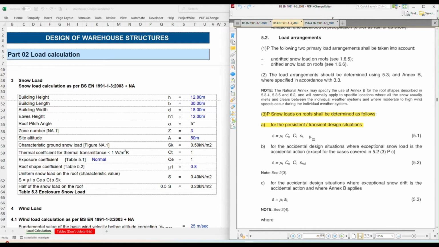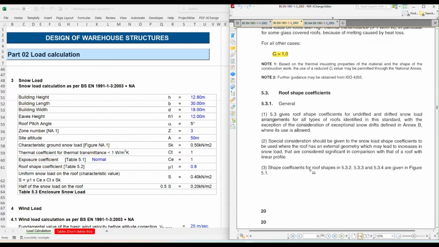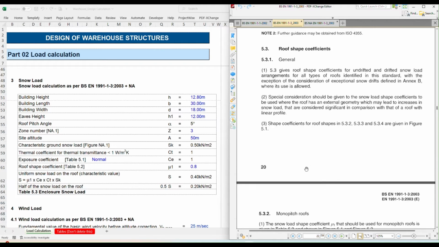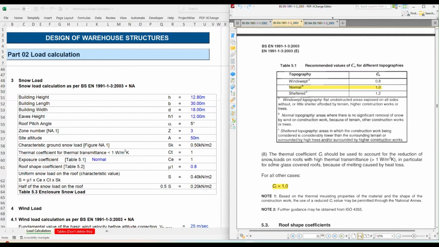So we are going to apply in this equation the mu 1 value, which we can find in table 5.2. Here the mu value is 0.8, so we have entered 0.8. And for Ct and Ce, the Ct value is given directly as 1, the thermal coefficient for thermal transmittance.